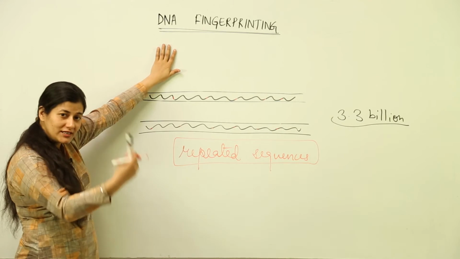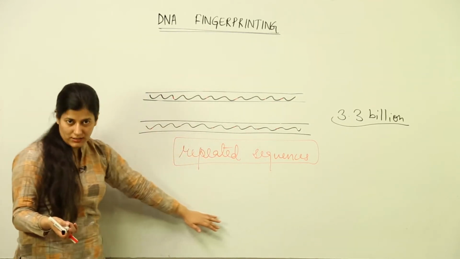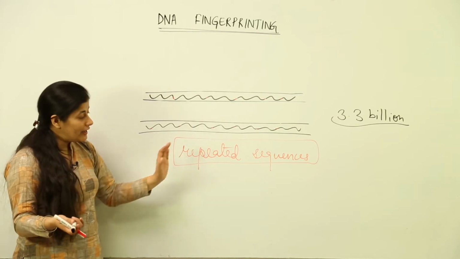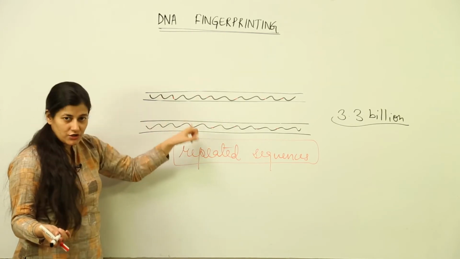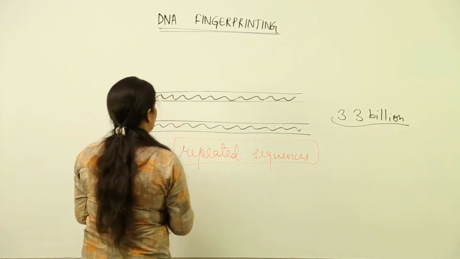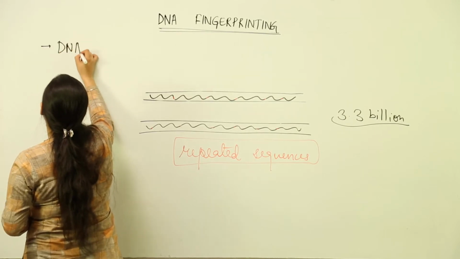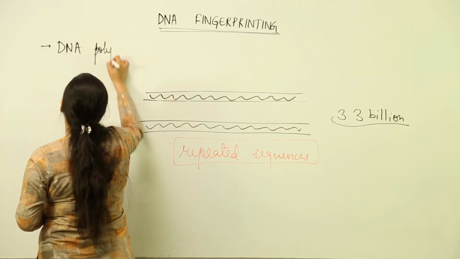We are going to see the similarities in these repeated sequences and whatever differences, if there are any. Now, apart from seeing this entire genome, we are going to concentrate on a smaller part, and in that smaller part, we have a principle known as DNA polymorphism.